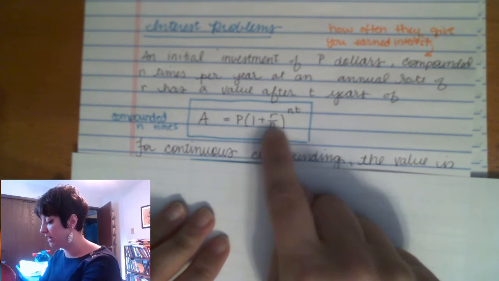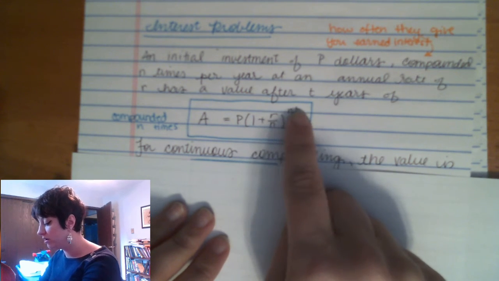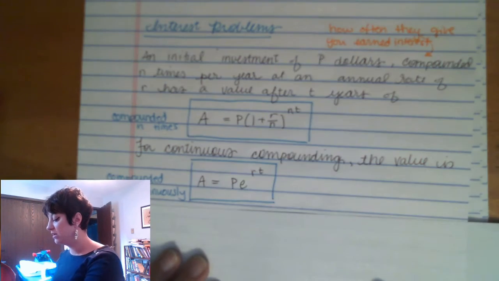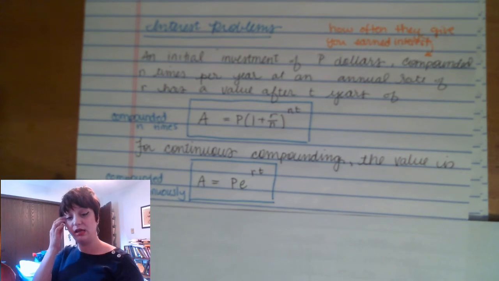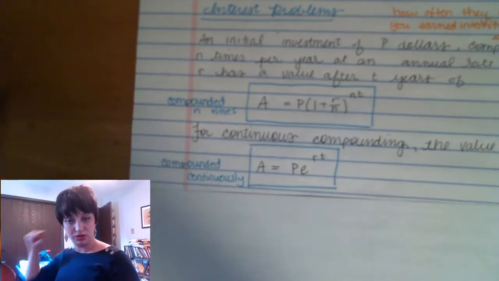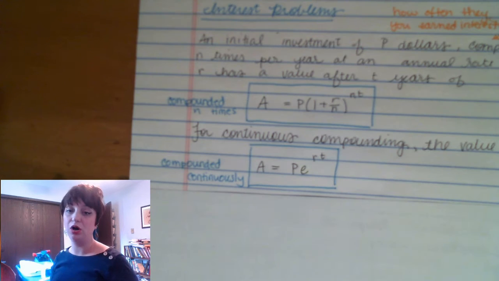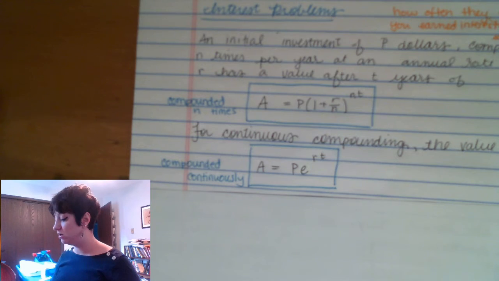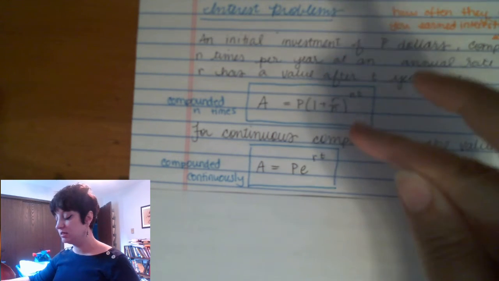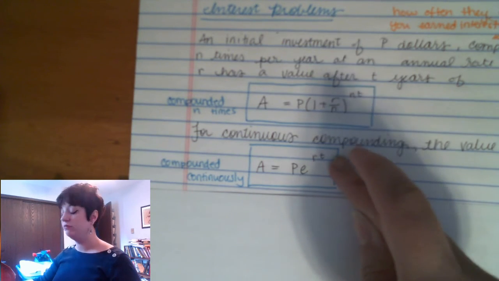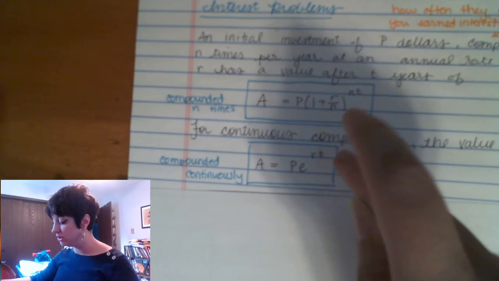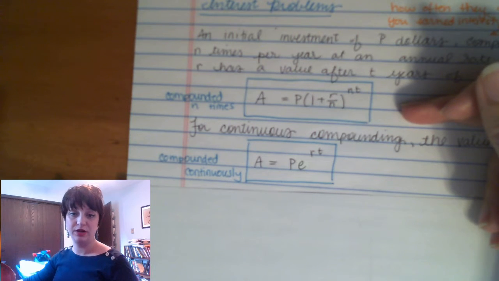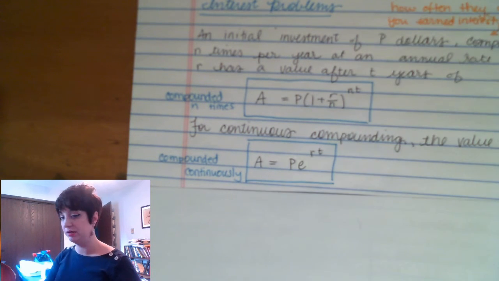So as I compound more and more and more, this thing is actually going to the number e. So compounded continuously is what I call PERT: P e to the R T. When you do these problems, you either are going to use compounded n times or compounded continuously. If they say compounded continuously, then you're using this one. Otherwise, it has to be the other one, and you have to figure out how many times it's being compounded.